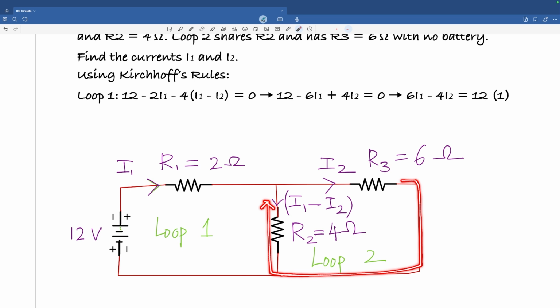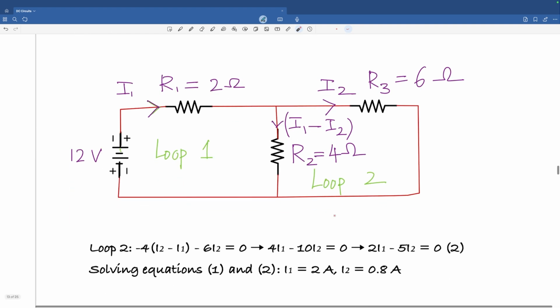When you go against the current, the potential is not going to drop, but it's going to increase, because this end of R2 is positive. Why is it positive? Because it's connected to this. So here you would go plus 4 times I1 minus I2, not minus. So that's in loop 2.